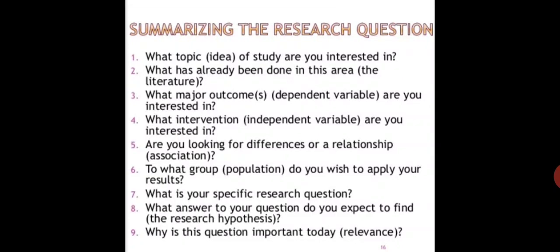Number 8, what answer to your question do you expect to find? Means if you are conducting a study and you have formulated a research question, now, using your common sense, you have to formulate your research hypothesis. Research hypothesis would be related to your expectations. What do you expect from this study? For example, you expect that smartphone plays an important role in improving students' listening skills.